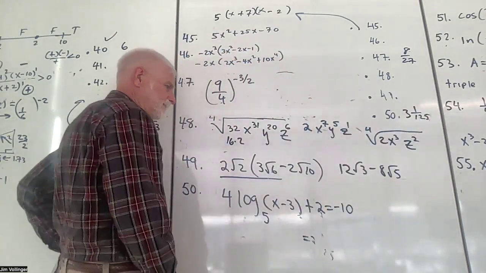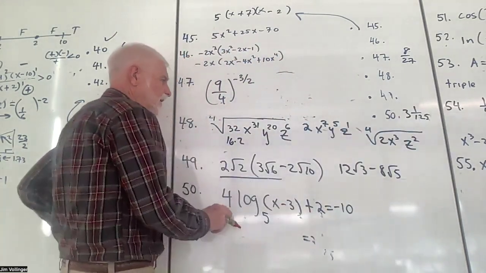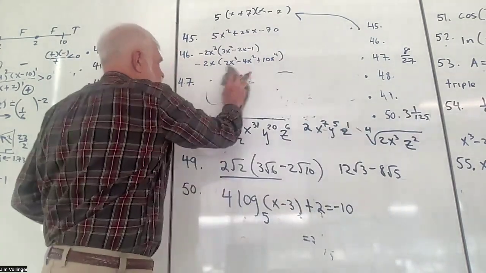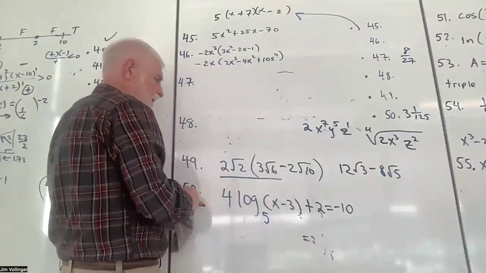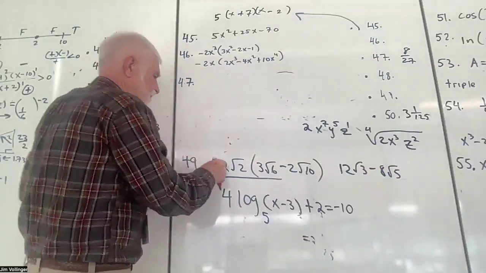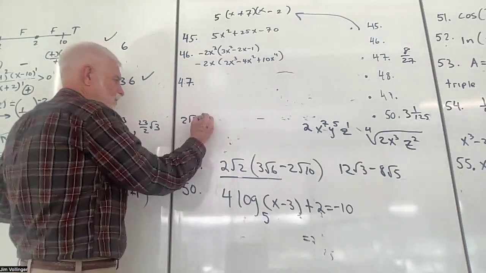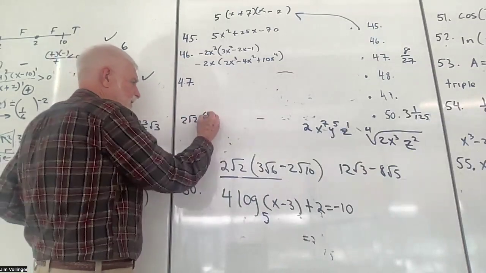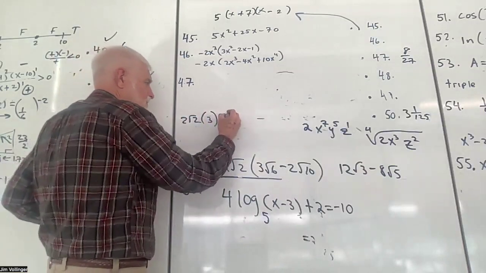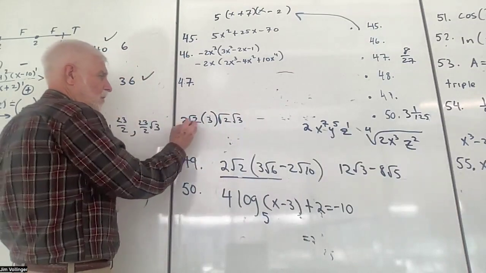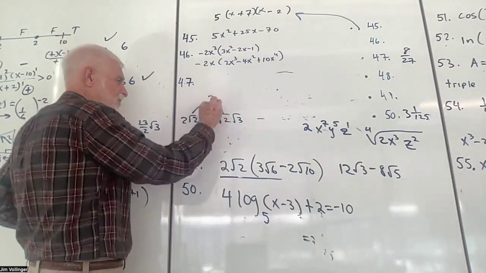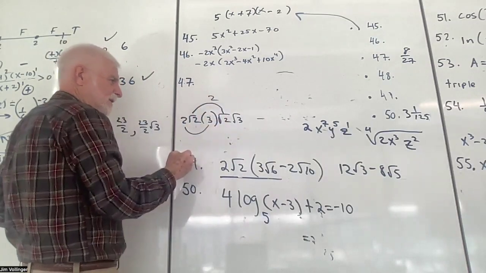So let's do it together. Let's take care of some space here. I think I can do that. I'll do this one out. So I'm seeing 48. I'm seeing 2 root 2 times 3 root 2 root 3. That's what I'm seeing. Okay, so root 2 times root 2 is 2. 2 times 3 is 6.